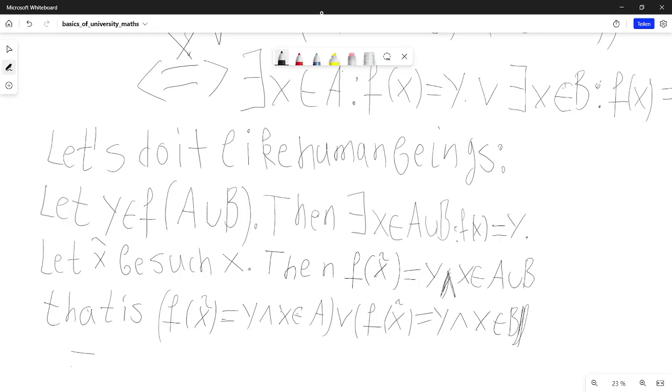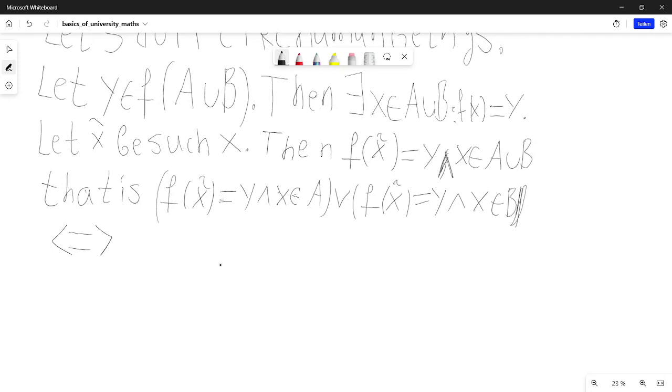And then, of course, that is simply equivalent to f of x tilde is equal to y and y element of f of A.